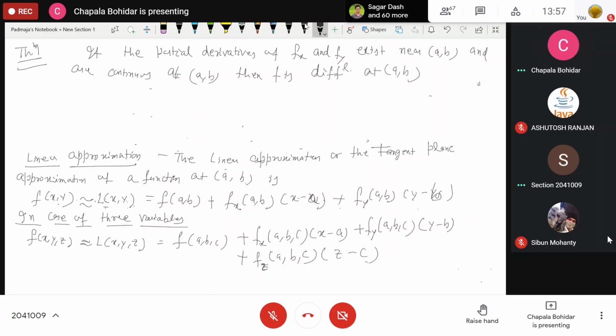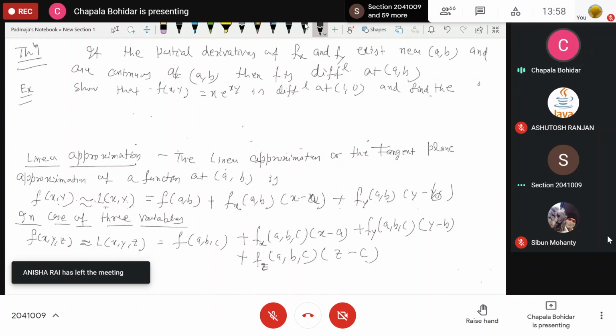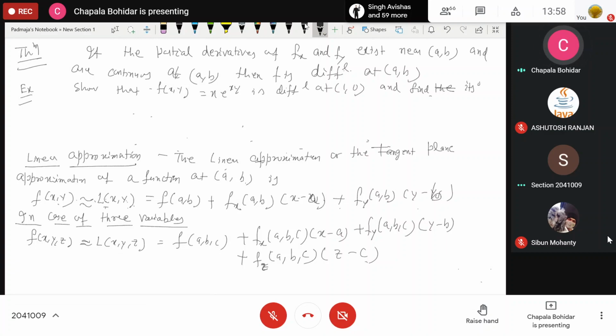For example, show that the function of xy is equal to x e to the power xy is differentiable at 1, 0, and find its linearization there.